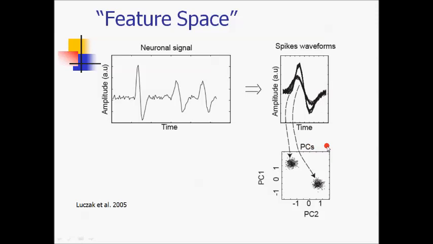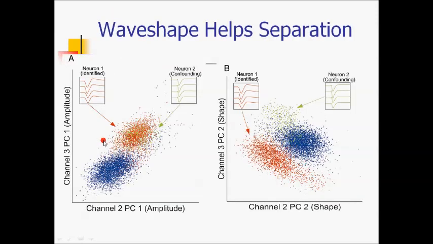For spike sorting, it's not so crucial to understand exactly what principal component analysis does, but if someone would like to do some data analysis later, it's really useful to know a little bit of linear algebra and this method.